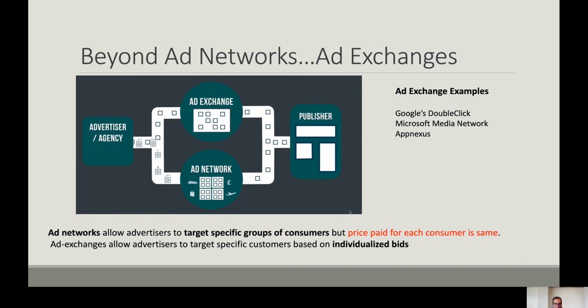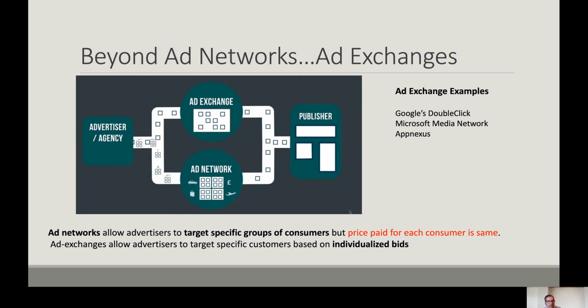The idea here is that the ad networks allow targeting, of course, but typically you buy an audience by saying that I'm going to pay a certain price for, let us say, 100,000 consumers, 100,000 impressions that I want to buy, right? As an advertiser, you buy it that way.